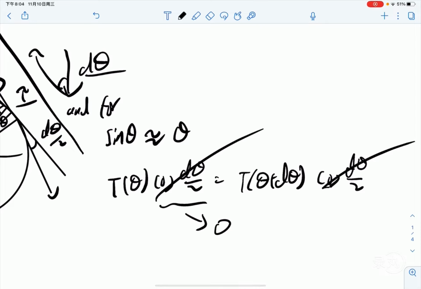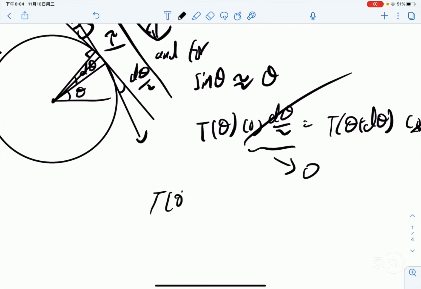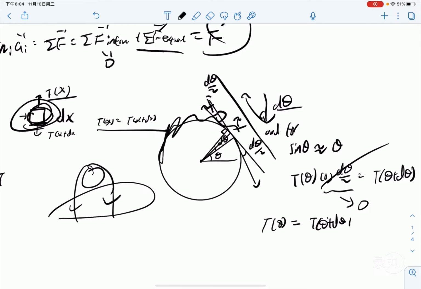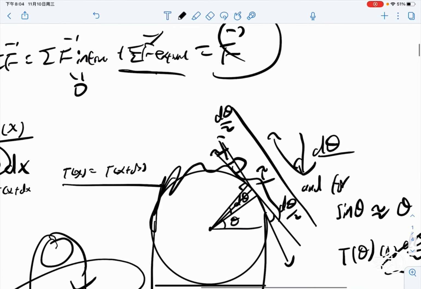So they cancel, which also gets us T theta is equal to T theta plus d theta. So we know that the tension on the pulley is the same: this side's tension is equal to that side's tension if there is no friction between the string and the pulley. In this case, mu is 0.